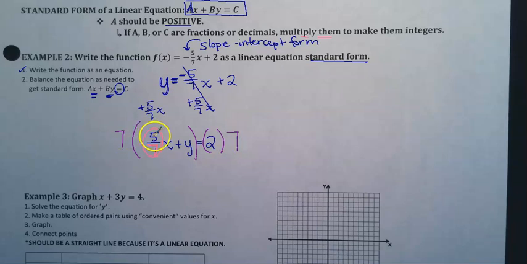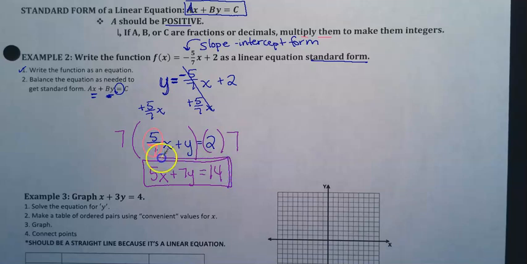So 7 times 5/7 x equals 5x. 7 times y is 7y, equals 2 times 7, which is 14. Now I have it in standard form.